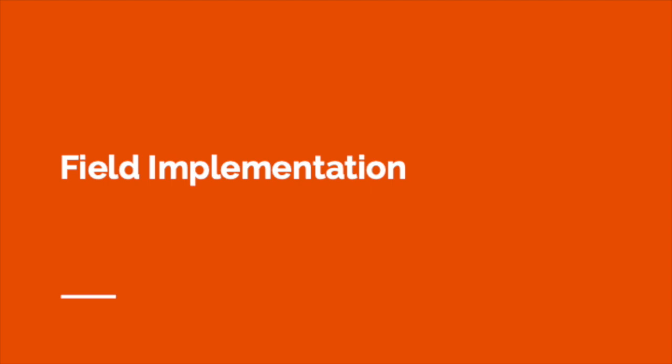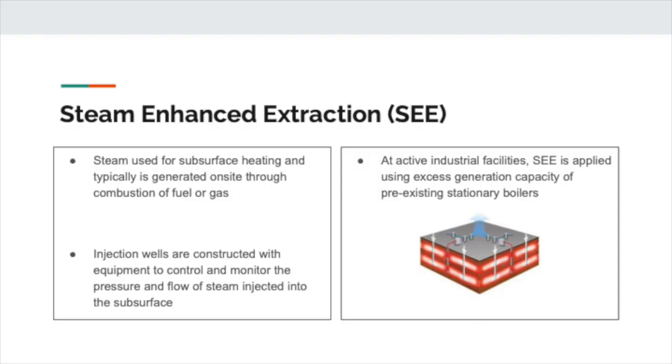Field implementation. The first one we have here is steam-enhanced extraction, or SEE. Steam is used for the subsurface heating and typically is generated on site through combustion of fuel or gas. This combustion would be in a packaged portable boiler system.